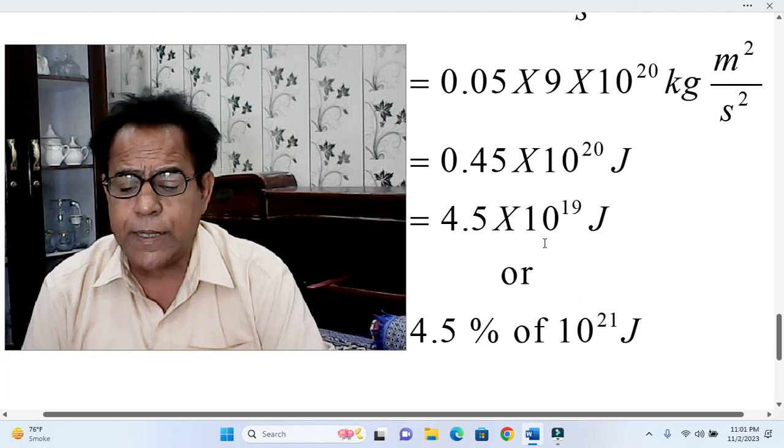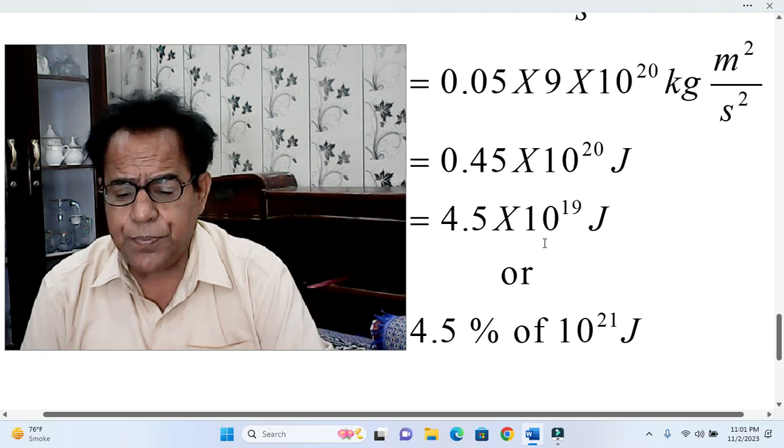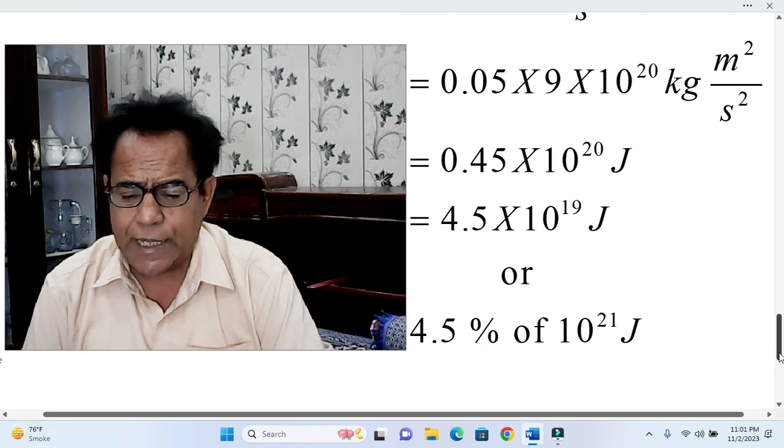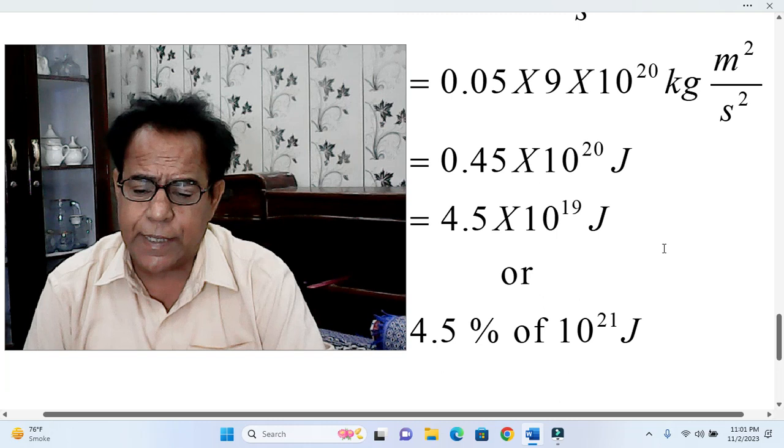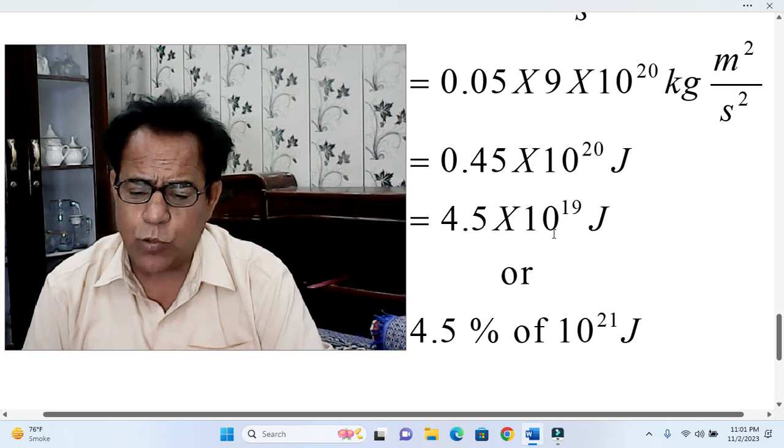Now, dear students, in the statement it is given that we have to compare it with 10 raised to the power 21 joule.